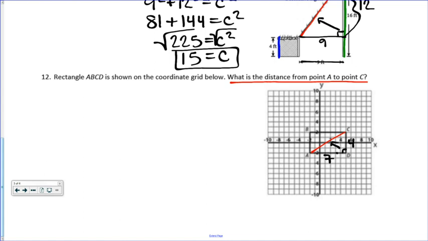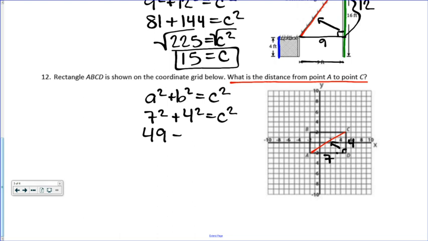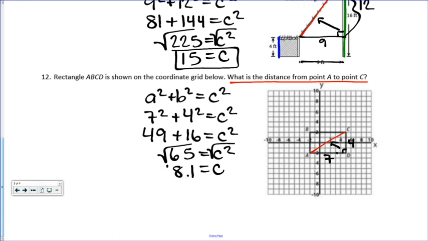Since we're looking for our hypotenuse, we're going to use a squared plus b squared equals c squared. We have 7 squared plus 4 squared equals c squared. 7 squared is 49 plus 4 squared is 16. And 49 plus 16 is 65. Square root both sides. And c equals approximately 8.1.